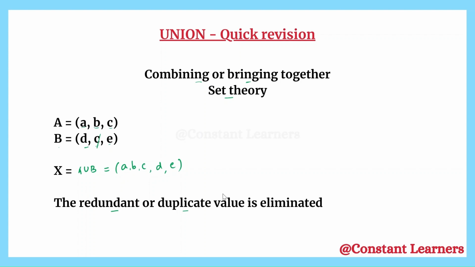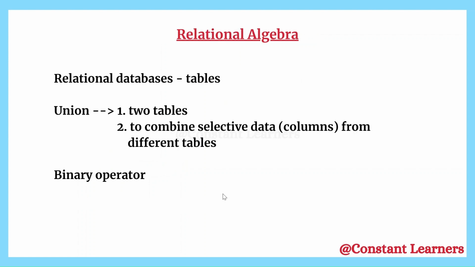Very similar to this concept is the concept of union in relational algebra. In relational algebra, we are dealing with relational databases where data is stored in the form of tables. The union operation can be used to combine data from two tables, that is, entire columns of two different tables, or we can use union to combine selective data from two different tables, that is, selected columns from different tables.